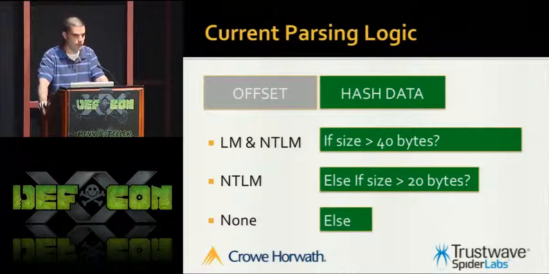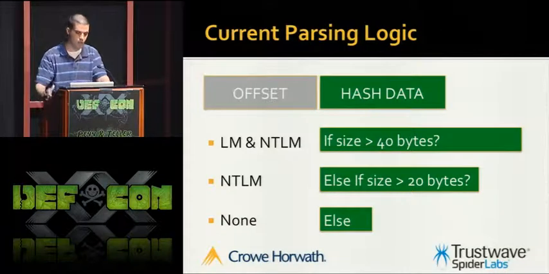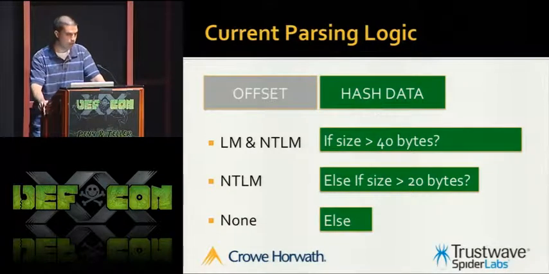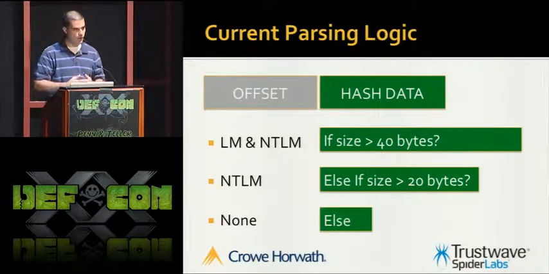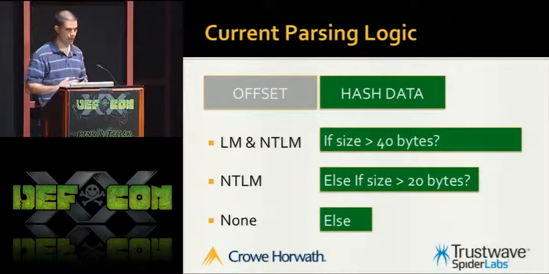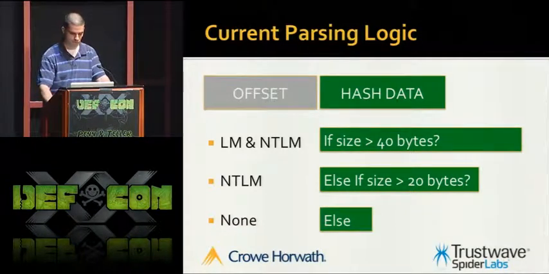So, you know, 40, we got it, cool. If I'm over 40, I probably got both hashes. Otherwise, if I'm only over 20, I've got just an NTLM, and therefore I will parse that hash data completely differently, or I don't have any hashes. So the main takeaway here is that the way I'm going to decide to parse out these hashes is by measuring the length of hash data, which inherently leads us to the flaw.